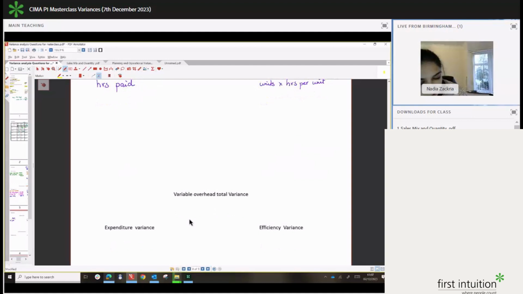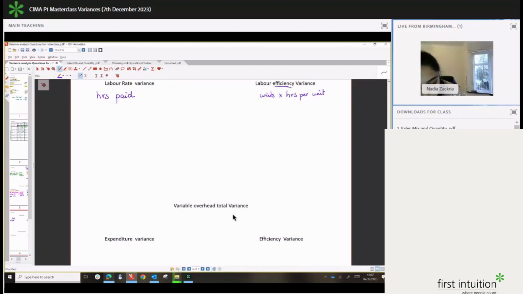Okay, so here you'll also have an idle time variance, which is the difference between the hours paid, 45,400, and worked, only 44,100, which means we've got an adverse variance of 1,300.